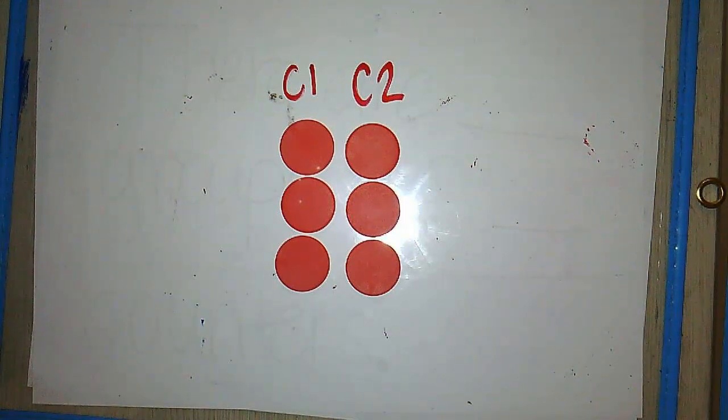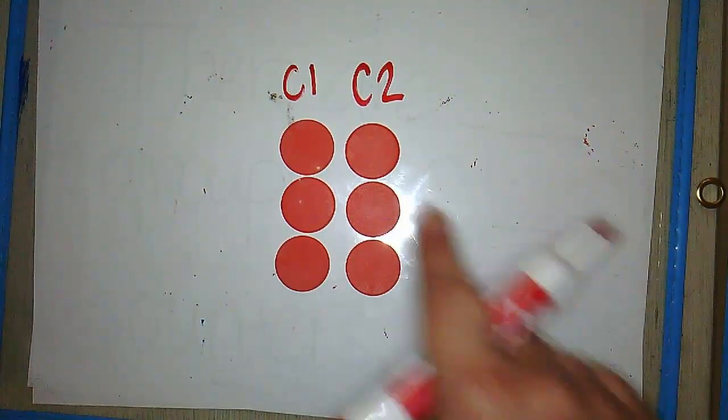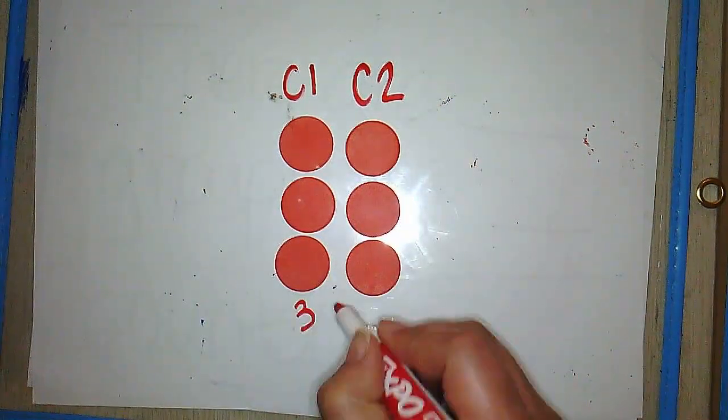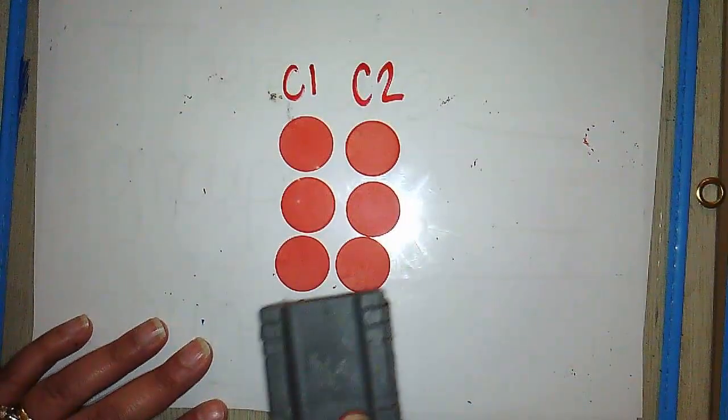Boys and girls, what's the total number of counters? Yes, the total number of counters is 6. 1, 2, 3, 4, 5, 6. Or I can do 3 plus 3 equals 6. Wow, boys and girls.